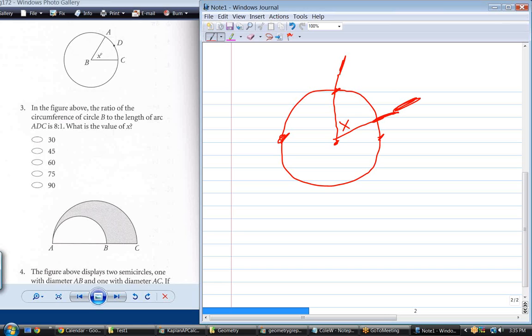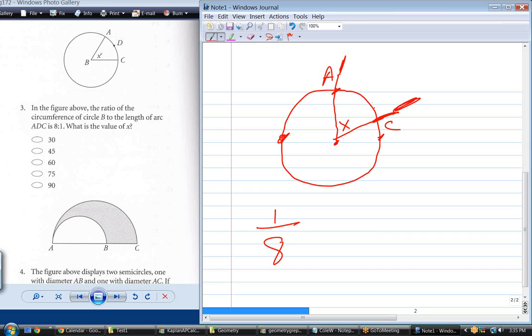What kind of a ratio can I set up? Well, we could say that 1 is to 8.